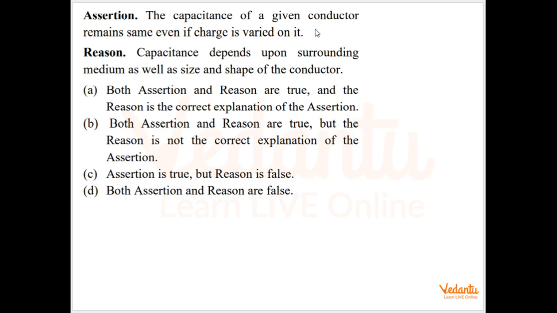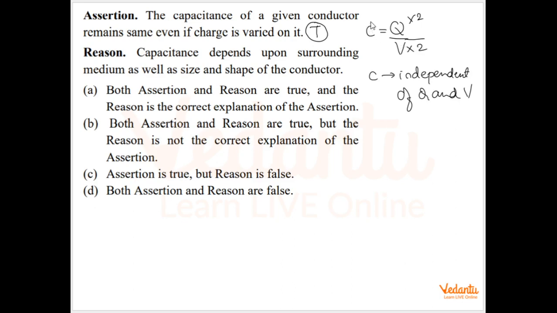This of course is a correct statement, my dear bachalo, because even though the capacitance is given by the formula C is equal to Q by V, you have to realize that C is independent of Q and V. If I double the charge here, the voltage will also automatically double and the capacitance will remain the same. The capacitance does not depend on the charge or the potential difference.